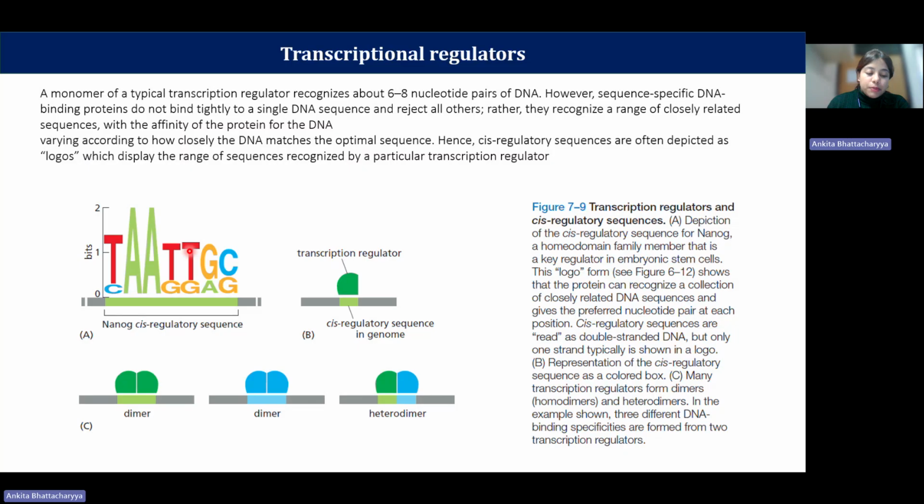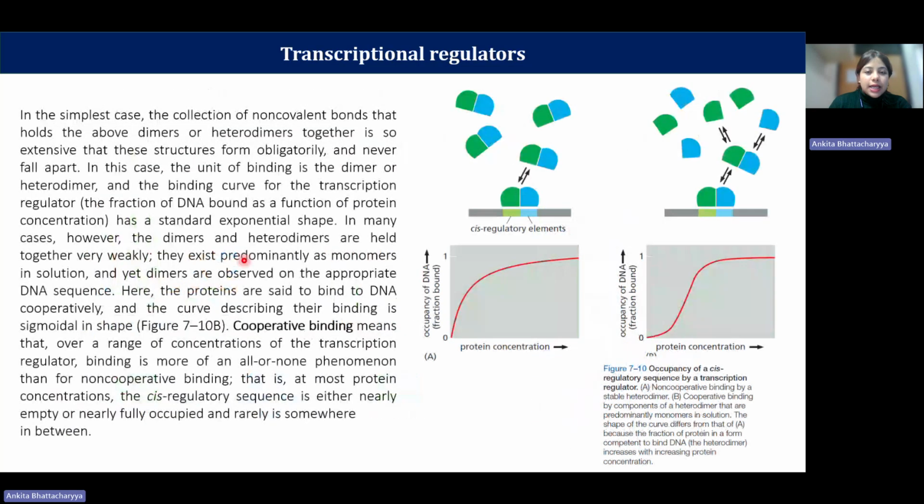The other way of strategizing the same thing is by looking for ChIP-seq data, and we will talk about it eventually when we discuss in vivo DNA-protein interaction techniques. Today we'll be discussing in vitro. So that is how transcriptional regulators bind.